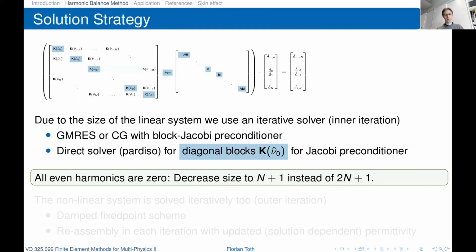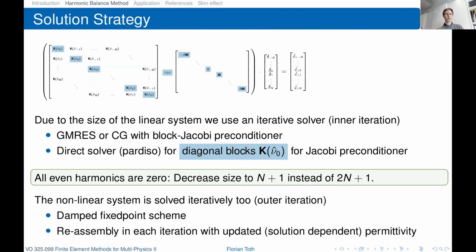We also have to do an outer iteration to solve the nonlinear system, and this can be done by a damped fixed point scheme, which usually converges rather fast. And in each of these iterations, we have to actually reassemble the system matrices as it contains this nonlinear material parameter and its harmonics respectively.